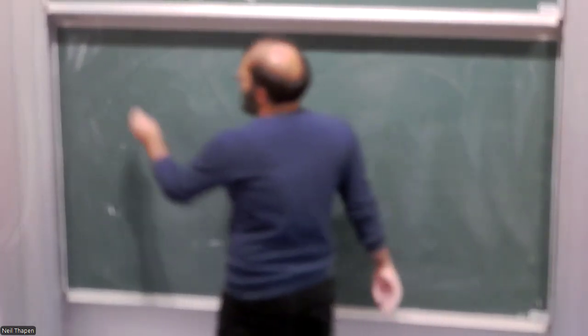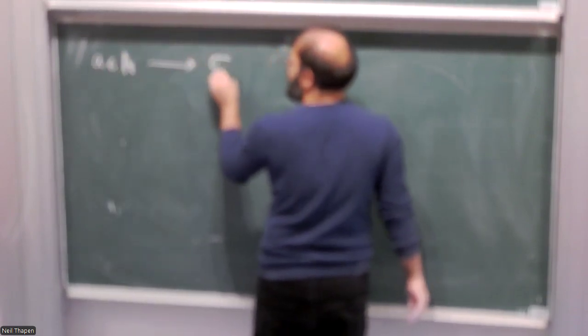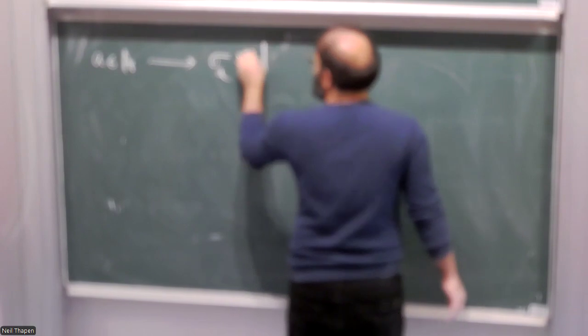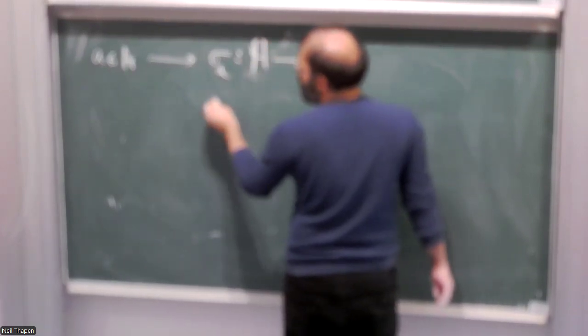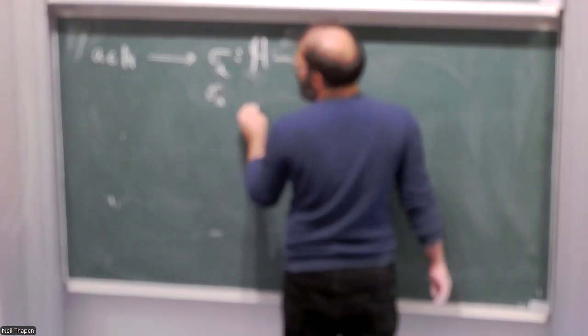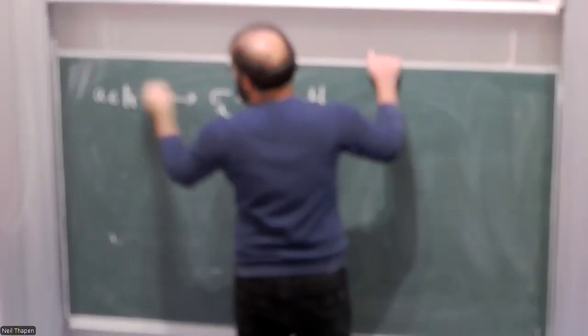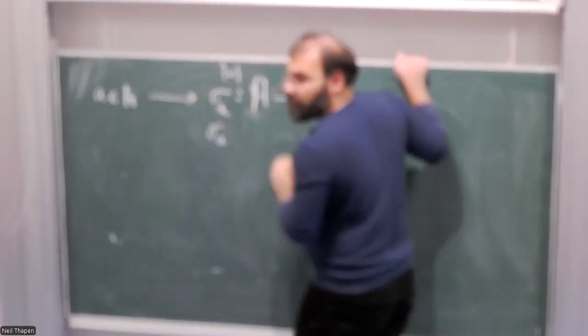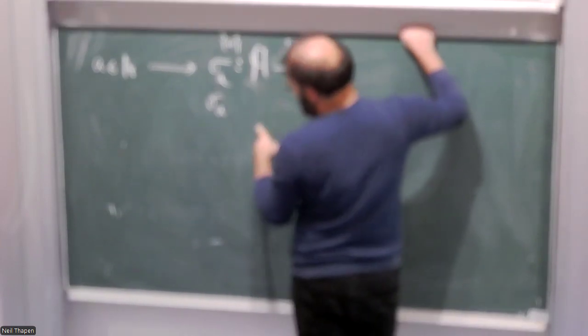If I have some element A in A, then I can define, let's say, sigma A from A to H as a singleton. So define this. This is just the usual construction. You understand that, right? You go from A to the singleton A. So what is the H singleton?